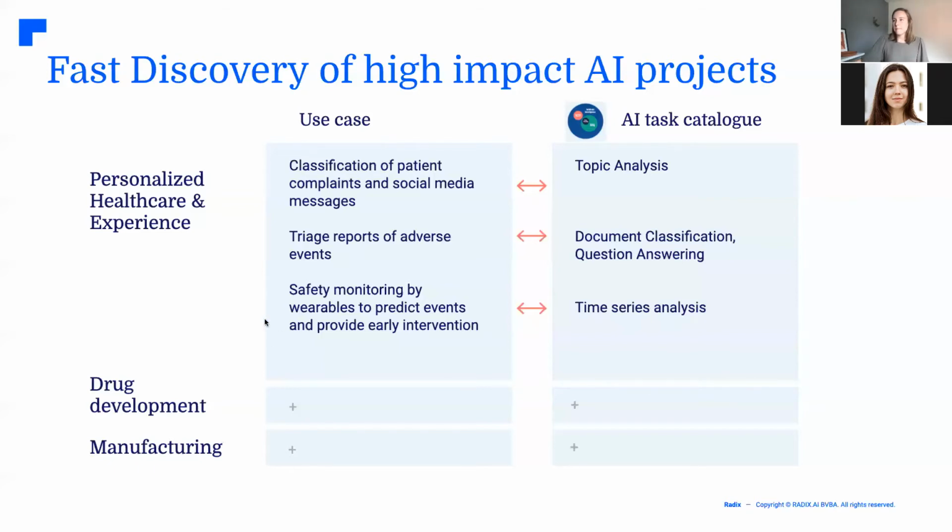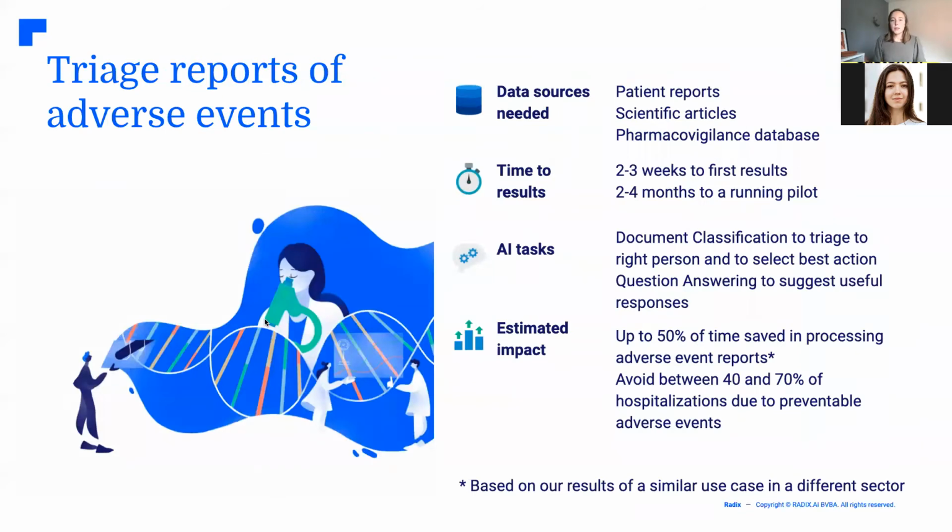Let's zoom in now on one of the cases. So here I've taken the example of the triaging of adverse event reports. To build a running pilot, we would estimate that this could take between 2 and 4 months of development time, more or less.